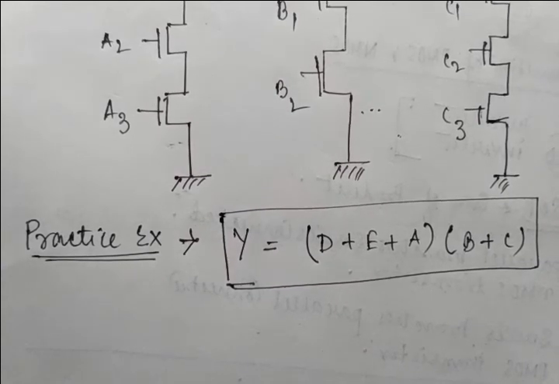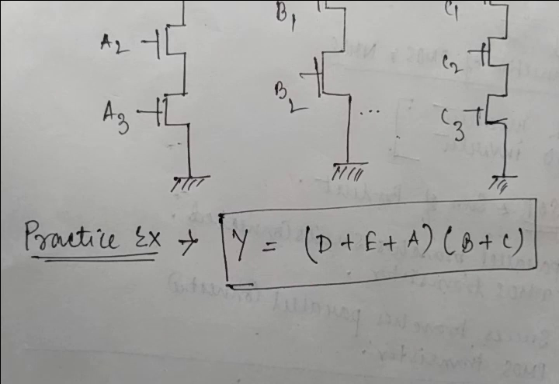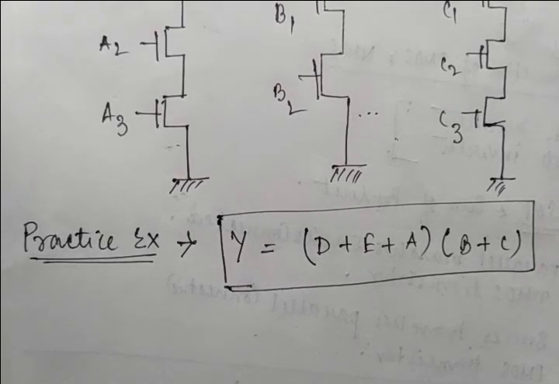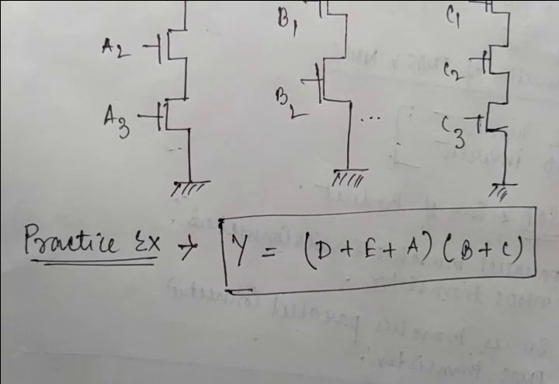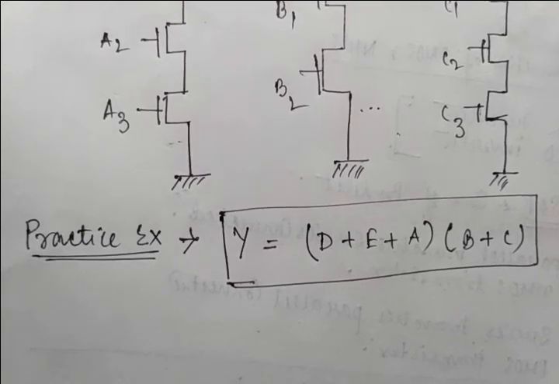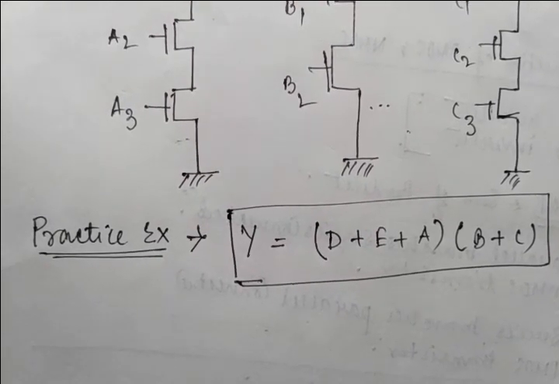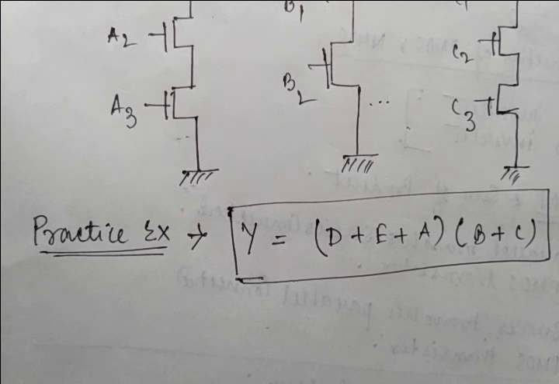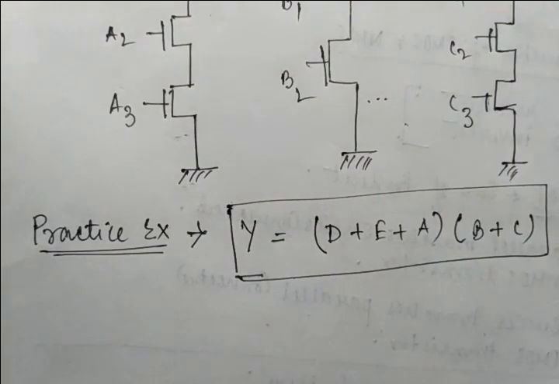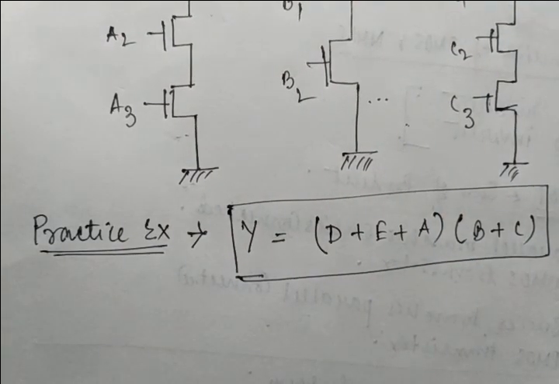Please try it on your own and let me know how many of you have tried and which one is correct. Okay, so please continue with this practice example, and in my next lecture I will continue this design portion with more new concepts, and after that I will go to the MOSFET section. Thank you.